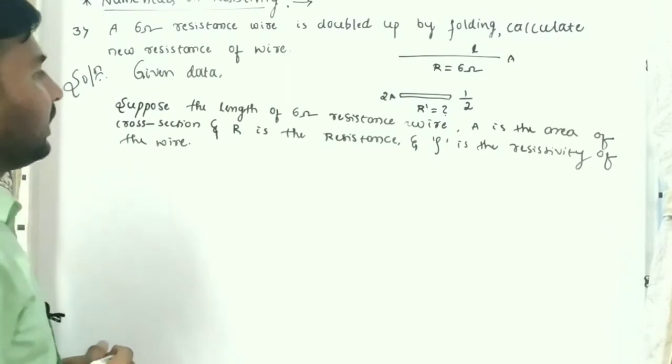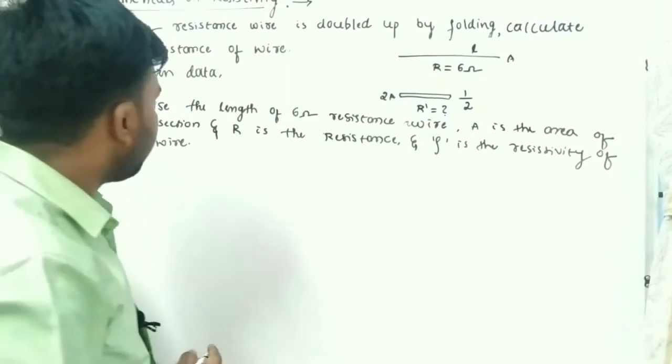Rho is the resistivity of the wire. Fine.